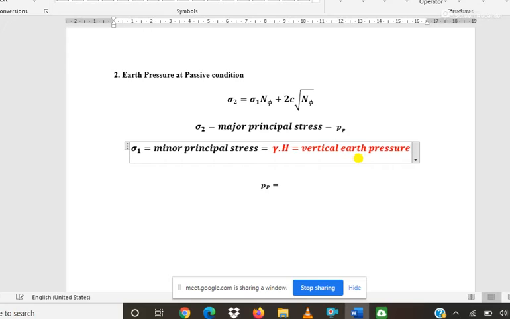This is the mathematical difference between active earth pressure and passive earth pressure.